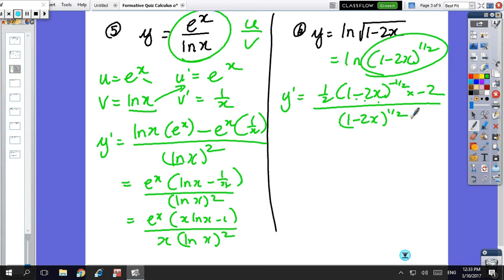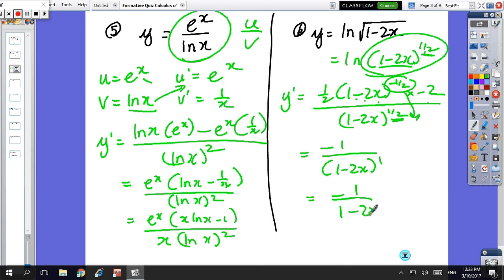So on the top line we've got the derivative of the bracket, which is a half multiplied by the power, leave the bracket, subtract 1 from the power, multiply by the derivative. Okay, a half and minus 2 make minus 1, and then that can come down the bottom and join with that one to make a whole. So the answer is minus 1 over 1 minus 2x, or if you wanted to, you could switch the signs and make it a plus on the top. Okay, let's move on.